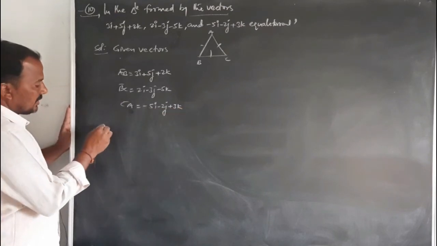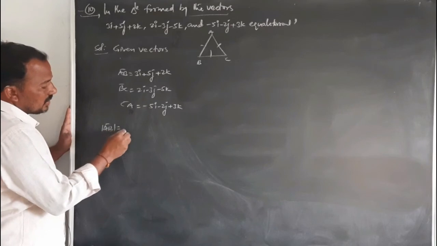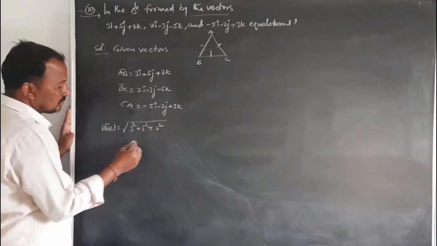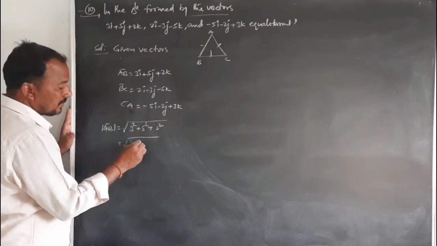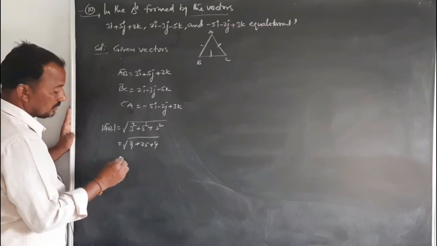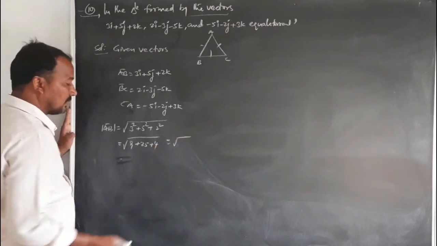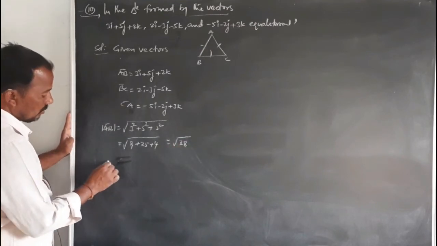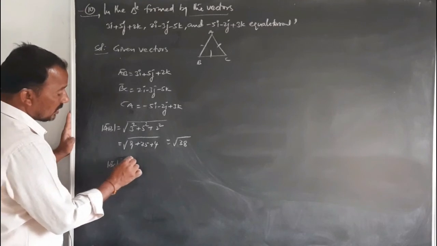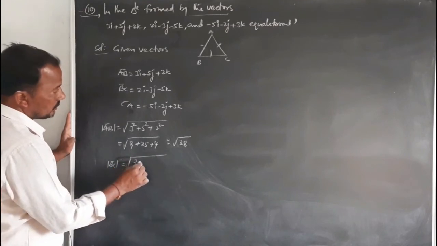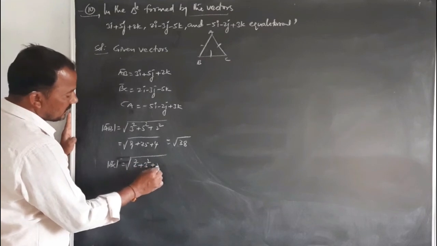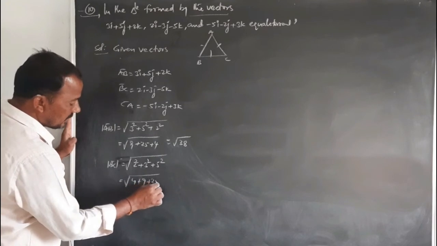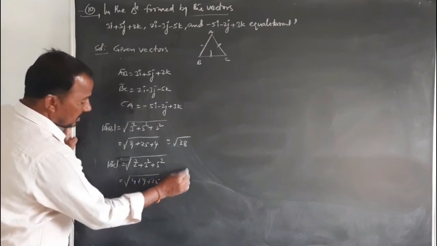Find mod AB, the length of the sides. AB is under root of 3 square plus 5 square plus 2 square, 9 plus 25 plus 4, root 38. Mod BC under root of 2 square plus 3 square plus 5 square, 4 plus 9 plus 25 equals root 38.